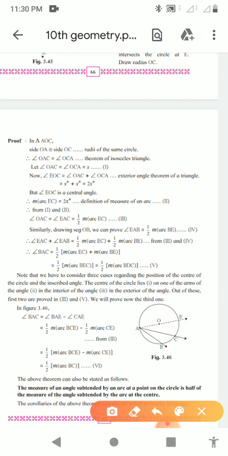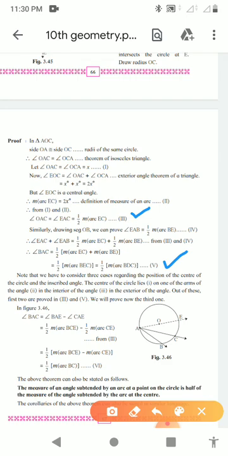Out of these 3 conditions, if we observe equation number 3 and equation number 5, you will come to know the first 2 conditions are already proved. That is, one of the arms of the angle is there, and then the interior of the angle is also there, using equations 3 and 5.